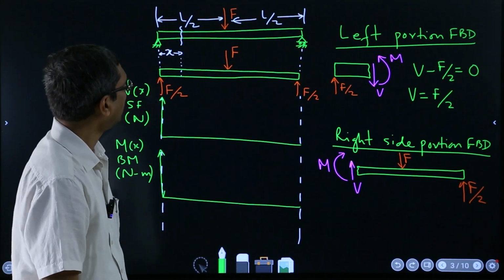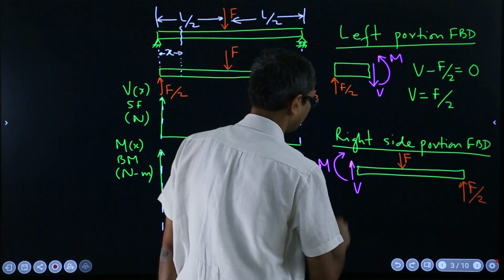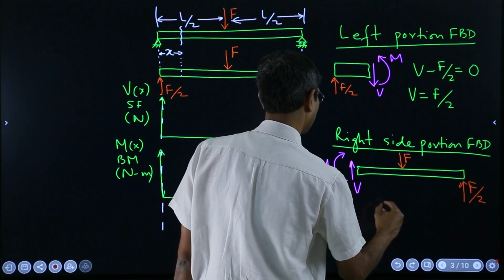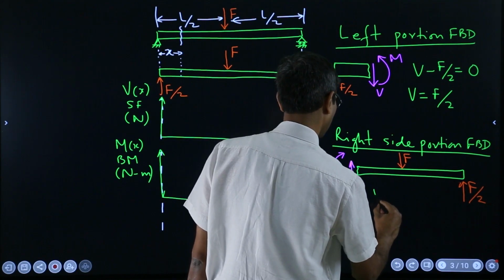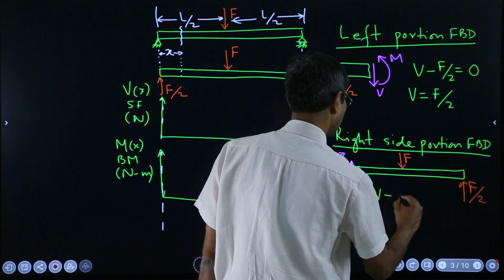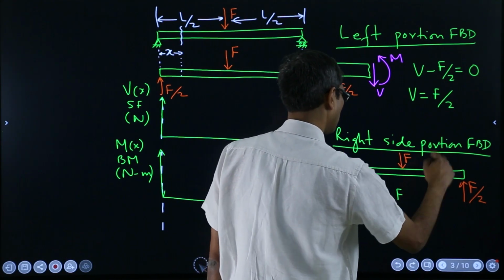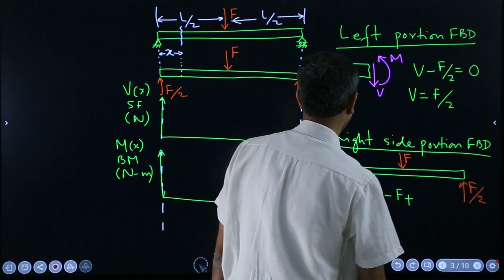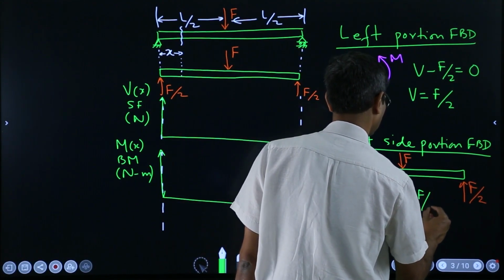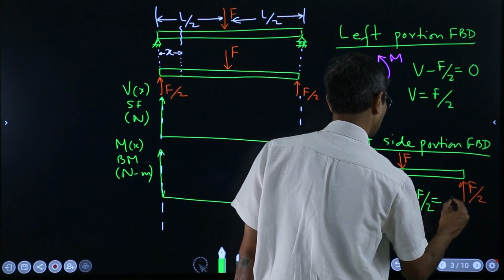Now let's see, are we getting the same thing here? For the shear force we are calculating, say this one is positive, so V, then this side is minus F plus F over 2 is equal to 0.